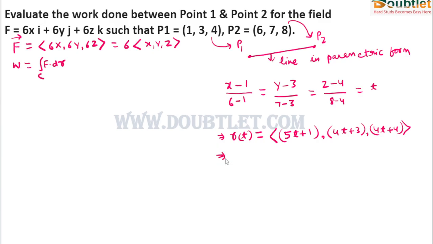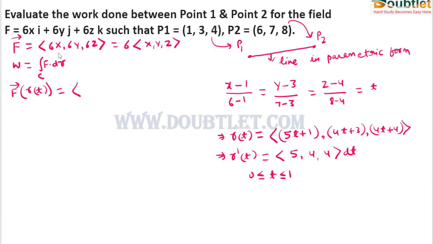From here we can find the derivative of this parametric equation. r'(t) will be (5, 4, 4) dt, and the value of t varies from 0 to 1. Now we have to transform this vector field function into parametric coordinates. F(r(t)): we replace x by 5t plus 1, y by 4t plus 3 and z by 4t plus 4.